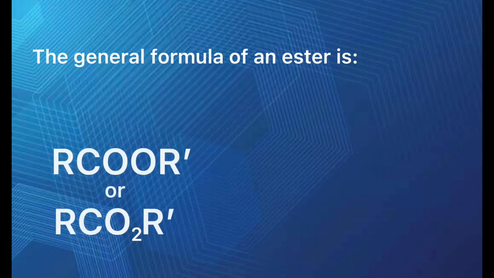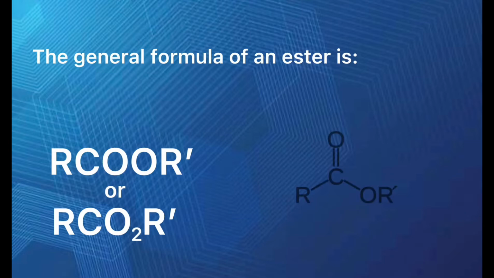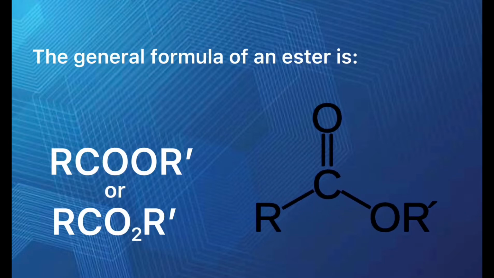The general formula of an ester is RCOOR', where R and R' are both carbon-initiated chains or alkyl groups, and the COO is the carboxylic acid part. Here are some examples of its general structure.